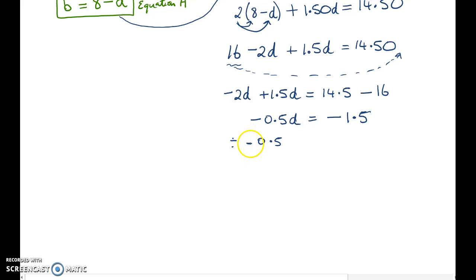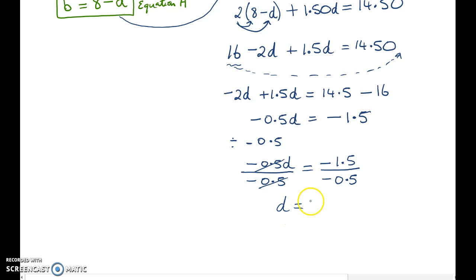Negative 0.5d divided by negative 0.5 is equal to negative 1.5 divided by negative 0.5. The negative 0.5s cancel, that's d. Minus over minus is a plus, and 1.5 divided by 0.5 is 3.